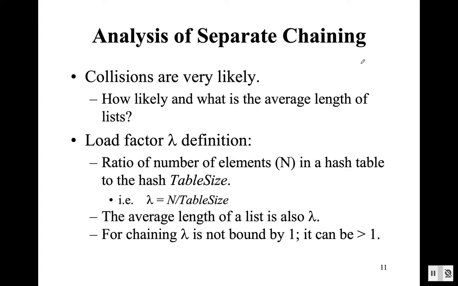So let's analyze that. We're going to learn a new term known as load factor. We denote the term using this symbol. The load factor is the ratio of the number of elements n in the hash table to the hash table size, which is n divided by table size. So n means the number of elements in the hash table.